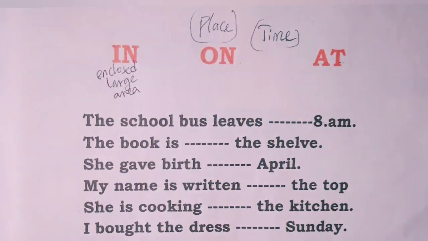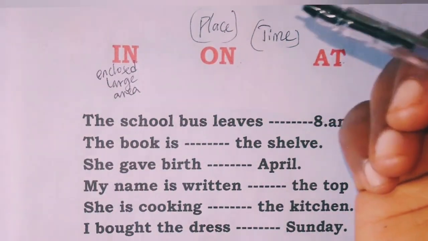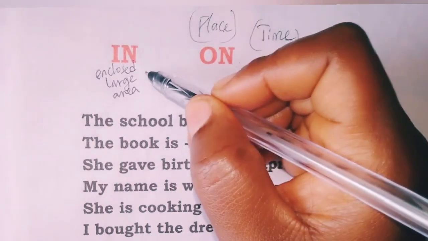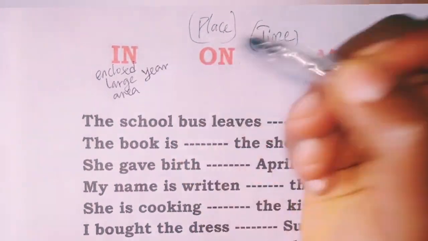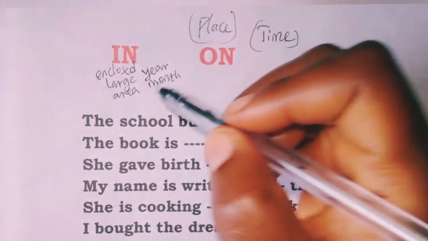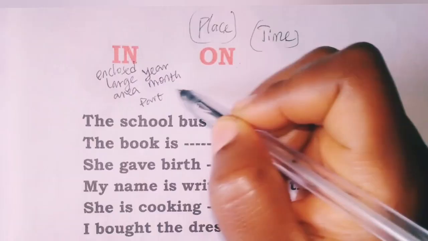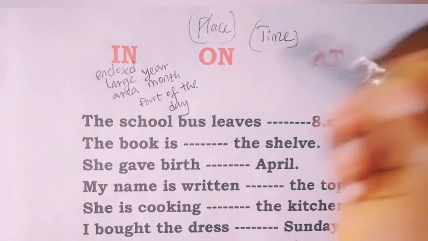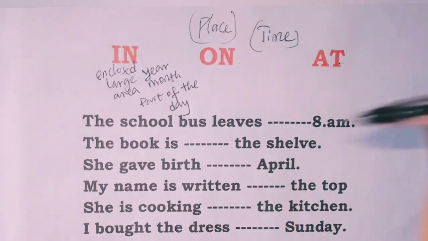To use it in terms of time, it is used when the word it comes before is a year, a month, or a part of the day. Okay, that is for in.